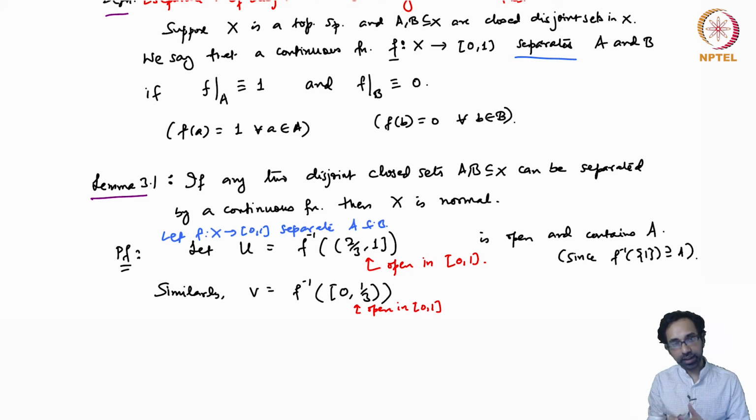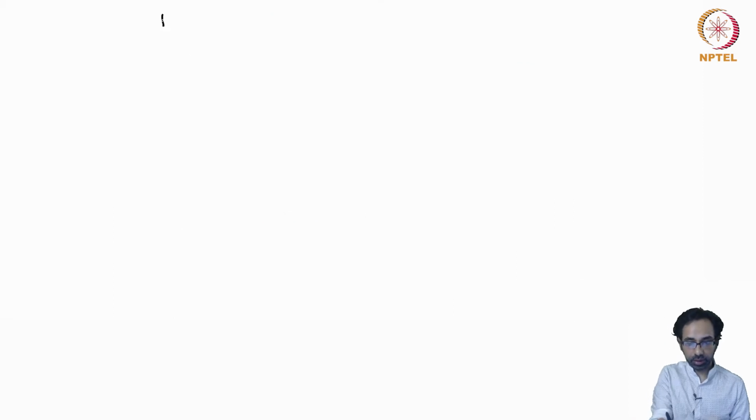This function f will depend on your choice of the disjoint closed sets A and B, so given two disjoint closed sets, there may exist a particular function that separates them. So here we choose such a function and we construct open sets. U and V are open because f is continuous, and V also contains B, and it is obvious that U and V are disjoint. So this means that X is normal.